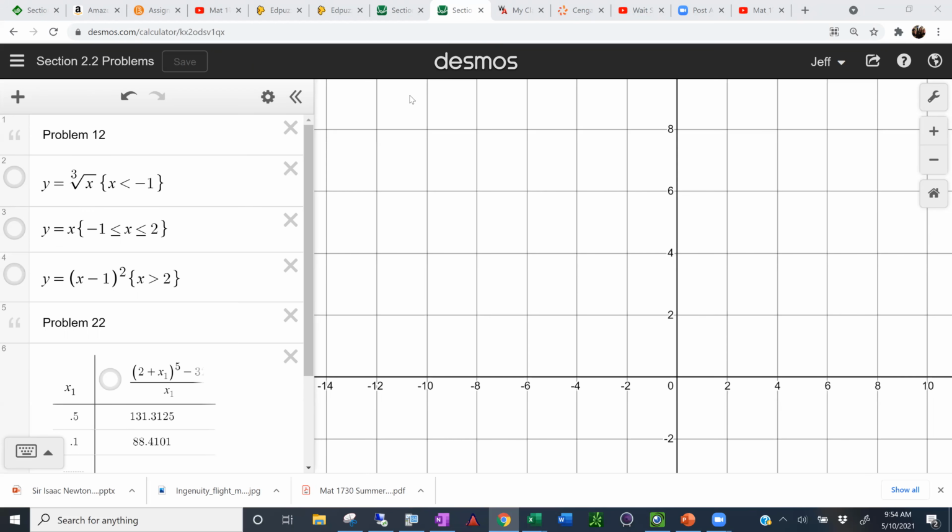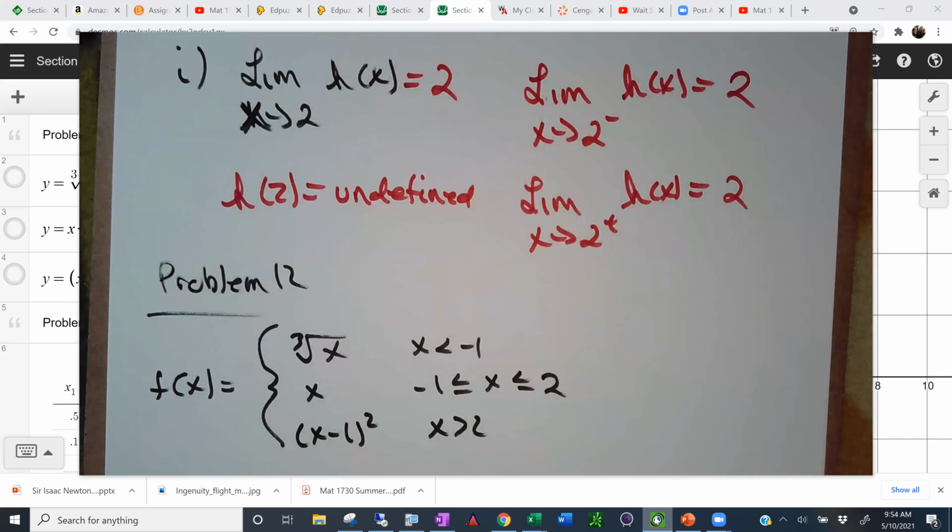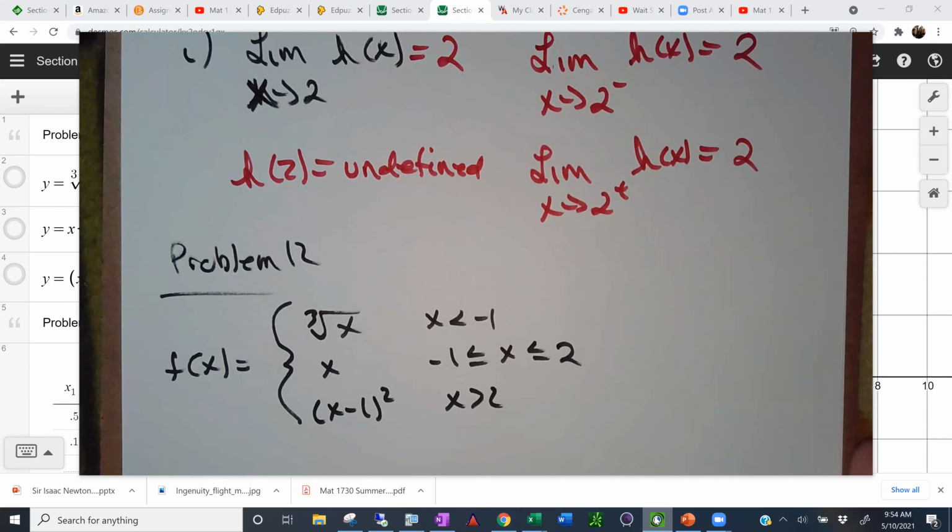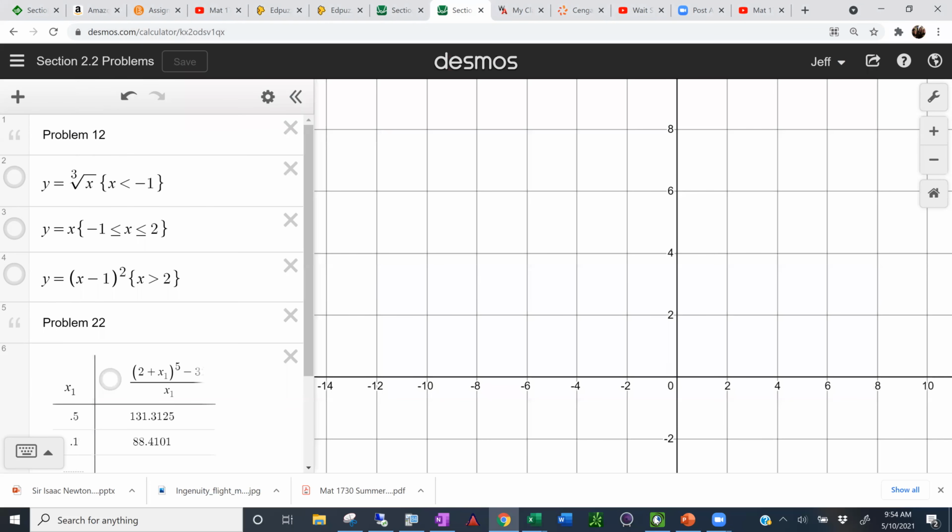It's x for -1 less than or equal to x less than or equal to 2. And it's (x minus 1) squared for x greater than 2. So this function here, we want to know where its limit's going to exist. Basically, where it's continuous is where it's going to amount to.